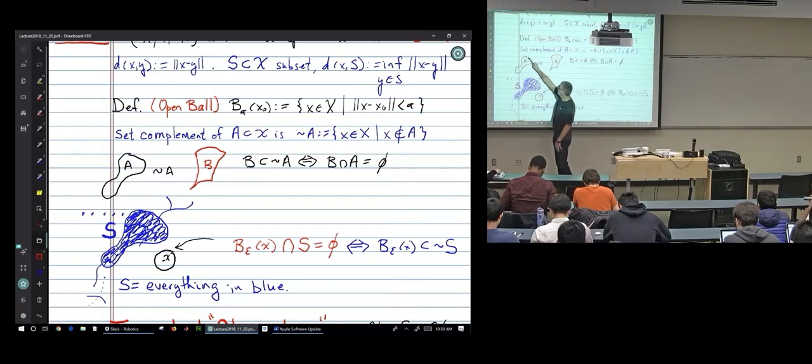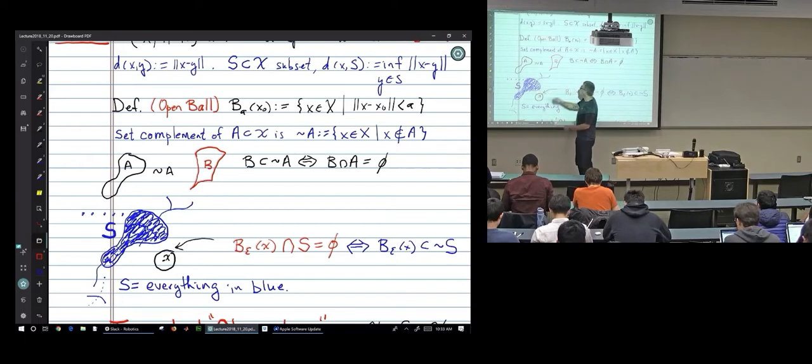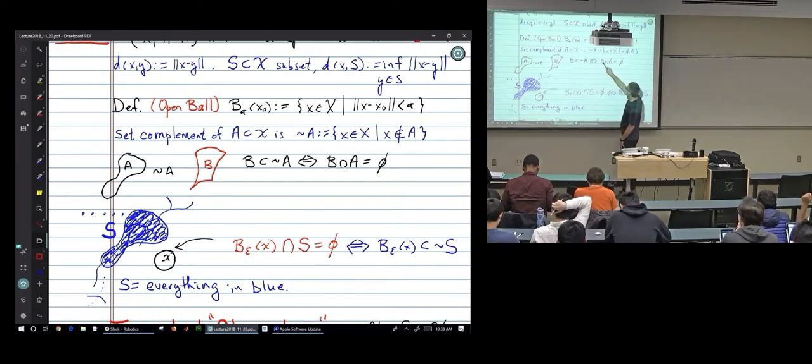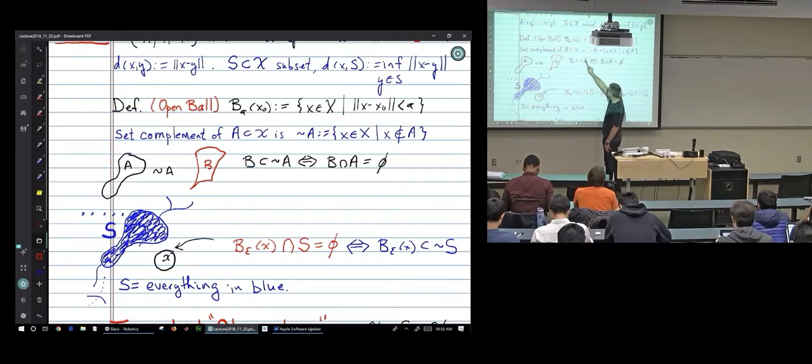And so if this is A, then not A is everything that's not in A. And if B is over here, so B is in the complement of A, then that means that B intersected with A is the empty set. So those two things are equivalent. B intersected with A is empty means B is contained in the complement of A. And that's going to be part of our mental gymnastics when we characterize open sets and closed sets with distance.